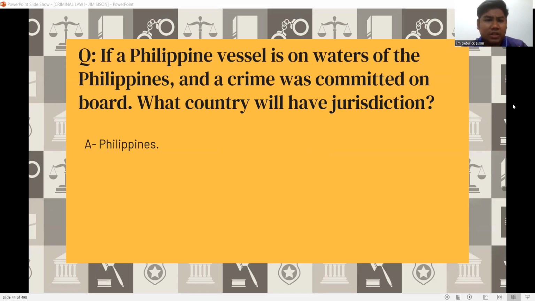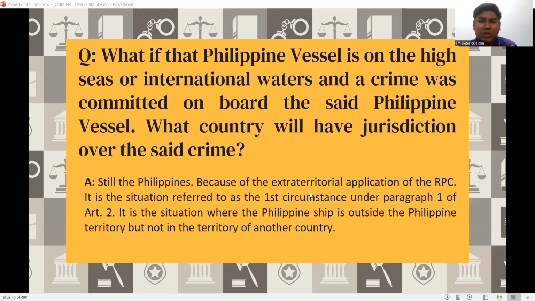So, question. If a Philippine vessel is in the waters of the Philippines and a crime was committed on board, what country will have jurisdiction? Of course, it is the Philippines. And what if that Philippine vessel is on the high seas or international waters and a crime was committed on board? What country will have jurisdiction?